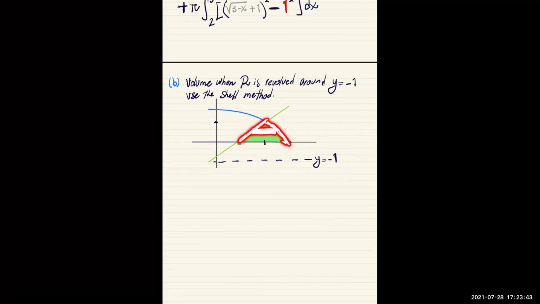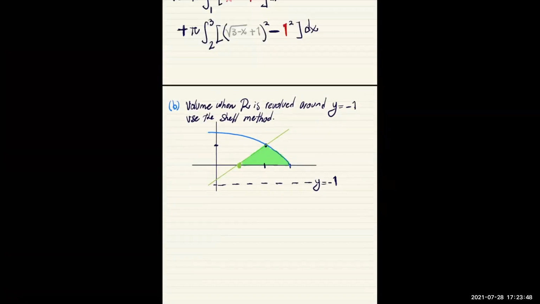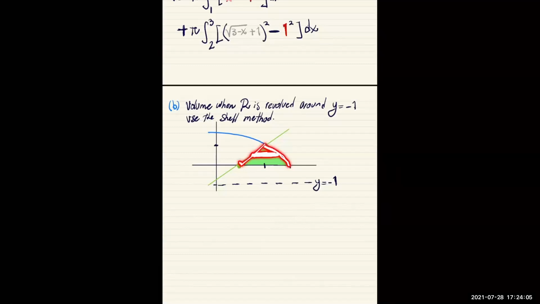Always, we have that nice consistency, whereas here we didn't. If I were to take vertical strips, I don't have consistency. The boundaries change. You have to do two integrals. But again, with a horizontal strip, right is blue, left is green, always, throughout the region.